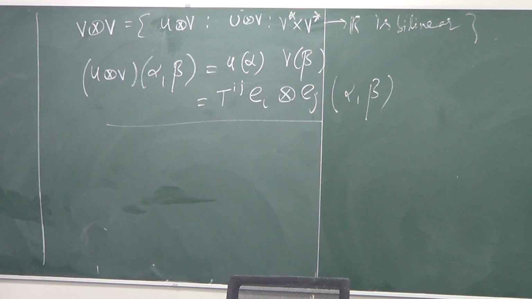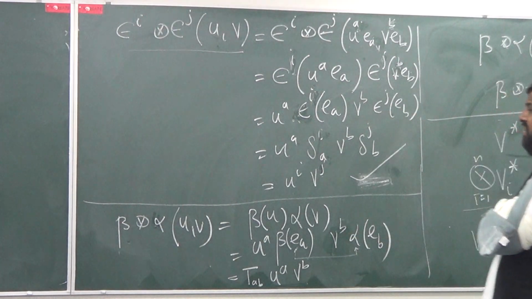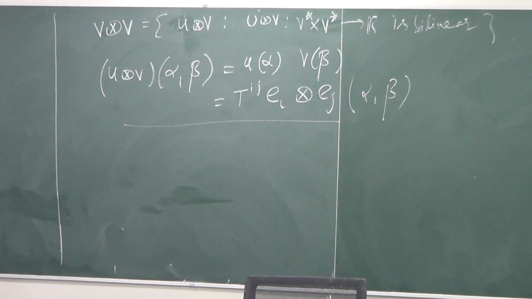Sir, these two are not the same? What do you mean by that? The subscript is different. By definition, it will be alpha of U times beta of V, and then this is the same thing here. But U and V are arbitrary actually, so maybe I must use some different symbols.